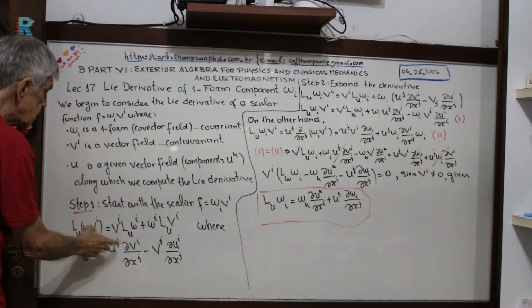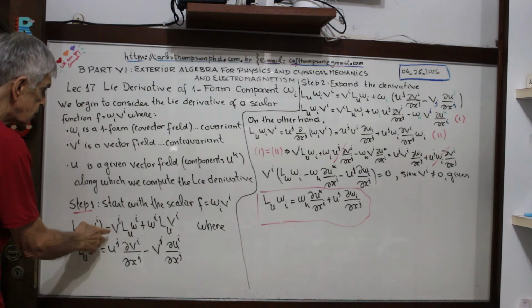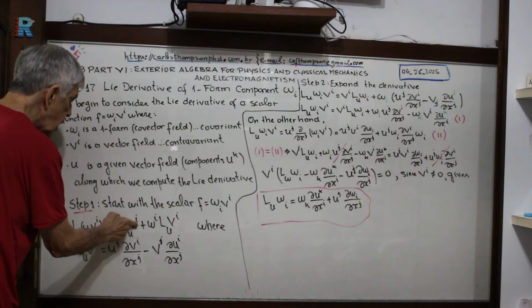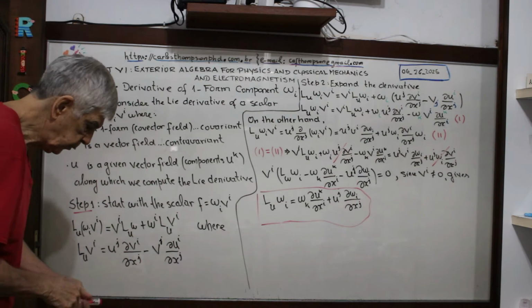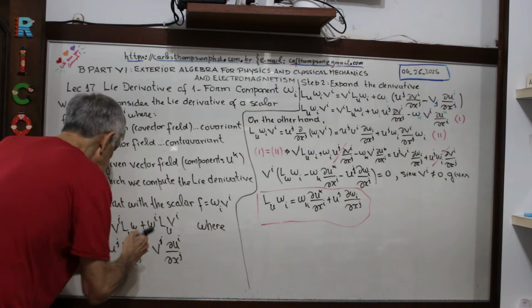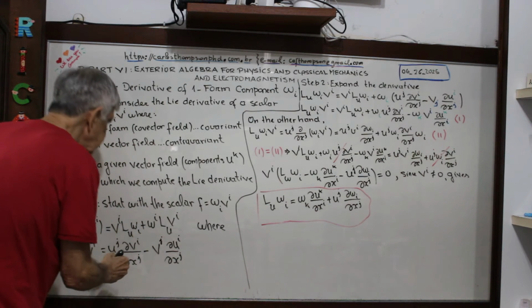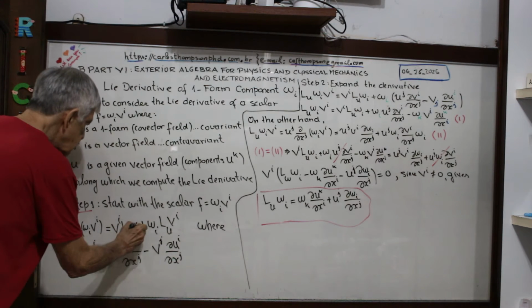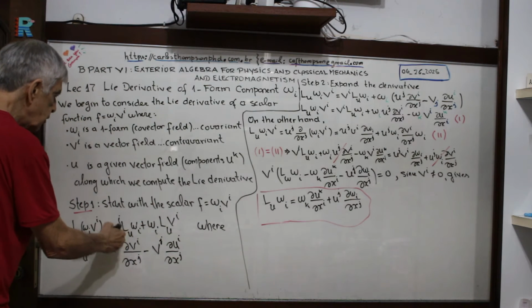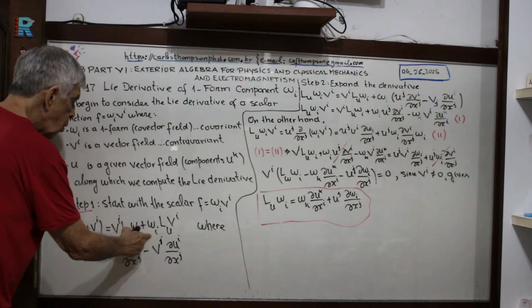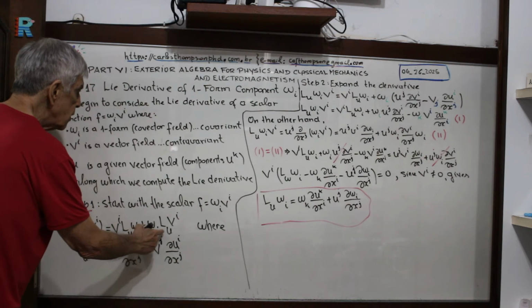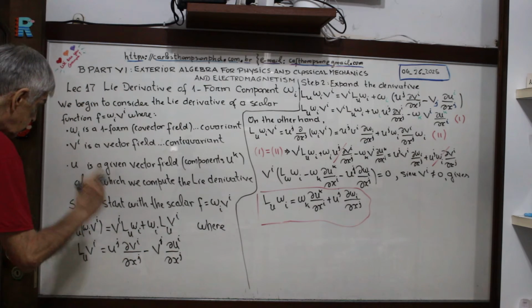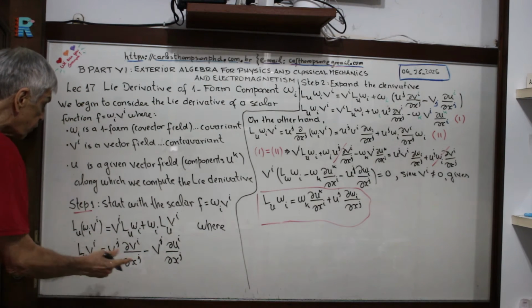You just expand this. This is v^i, the Lie derivative of omega_i, sorry, this i here is a lower index, plus omega_i, the Lie derivative of v^i, which we already did before.